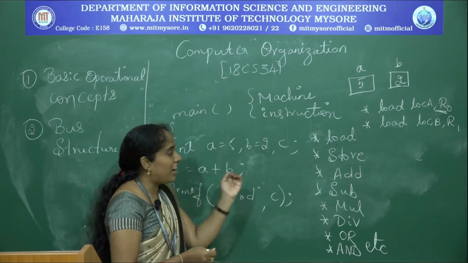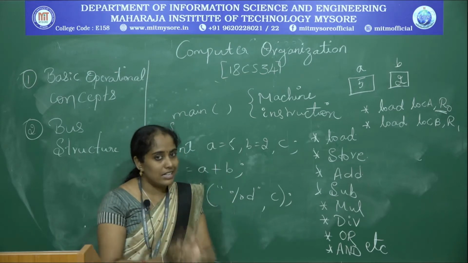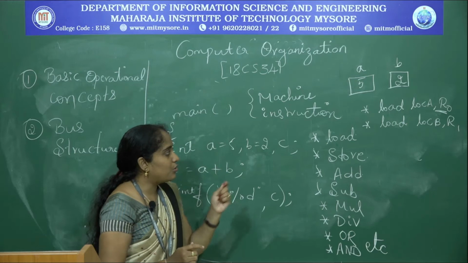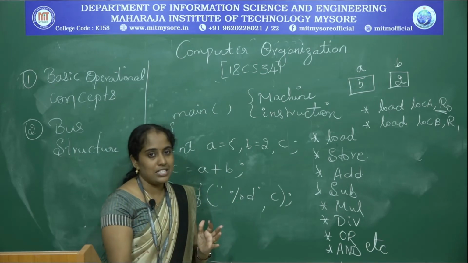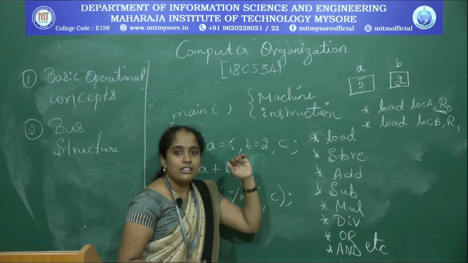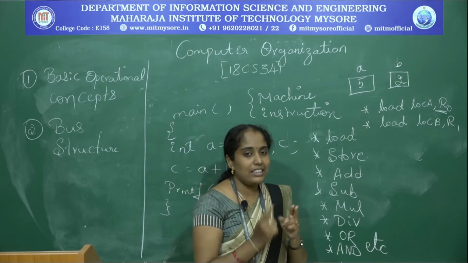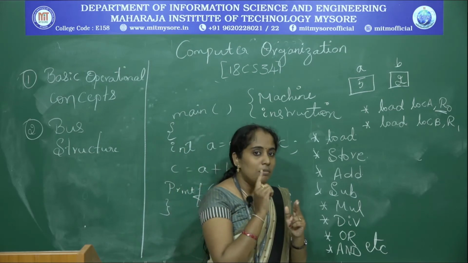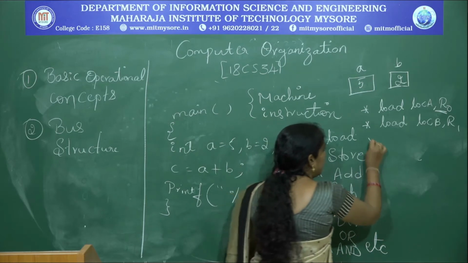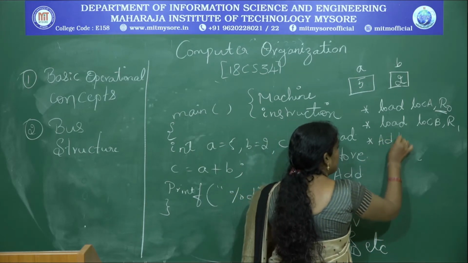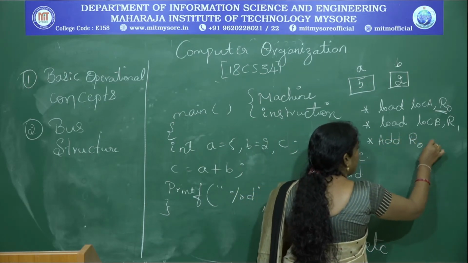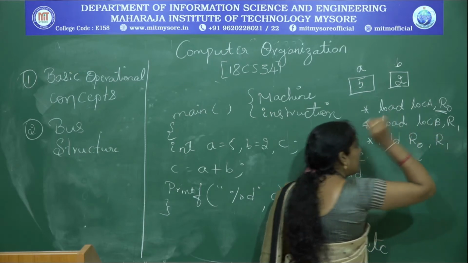Now the values 5 and 2 are in the registers. They will be sent to the processor's ALU, which will add them, and the result will be stored in the main memory. That is the process.